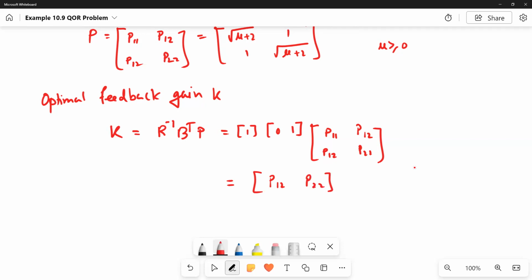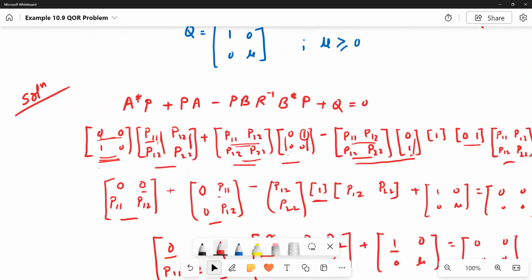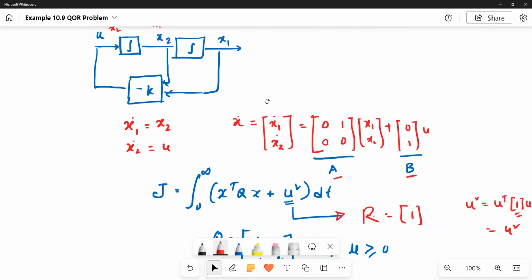Okay, and we know the values: P12 is 1 and P22 is square root of mu plus 2. So we can say that this is also our K1 and K2. So for the feedback, we started with the diagram, as you can see here.